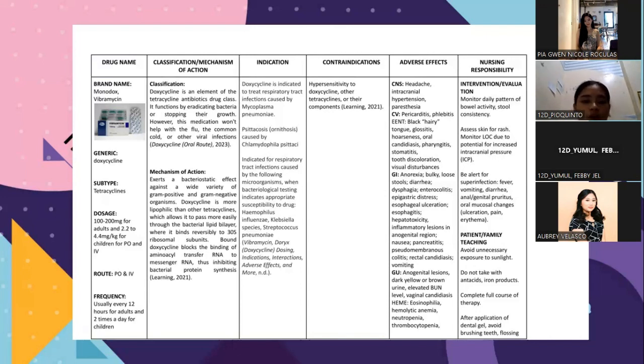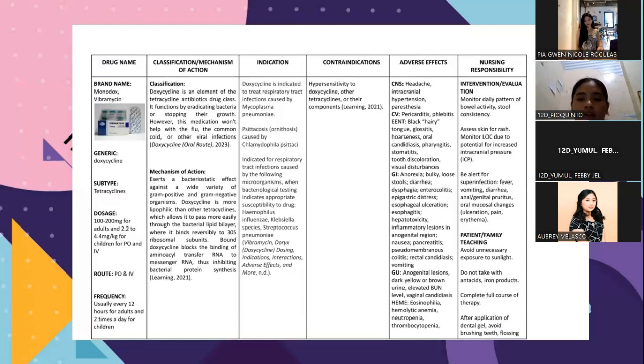The contraindications are conditions or situations where a medication should not be used. In the case of doxycycline, it should not be used if a person has a known hypersensitivity or allergic reaction to doxycycline, other tetracyclines, or any of the components of the medication. Using the medication in such cases could lead to severe allergic reaction.